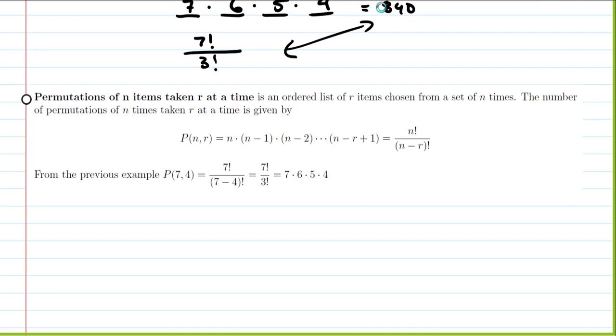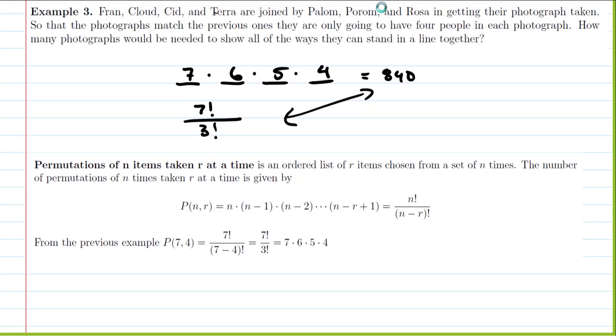The number of permutations of n items taken r at a time is given by, and we're going to define a new symbol for permutations, P of n r, where n is the number of items in the big set, and r is the size of the subset that we're selecting. We'll notice that our formula is n times n minus 1 times n minus 2 all the way down to where we stop.